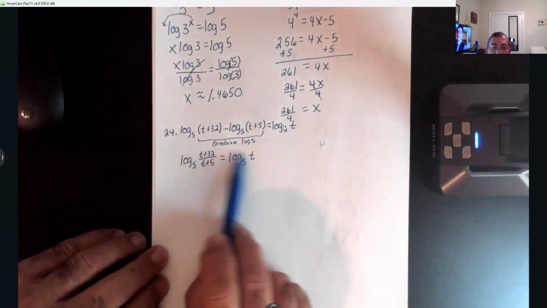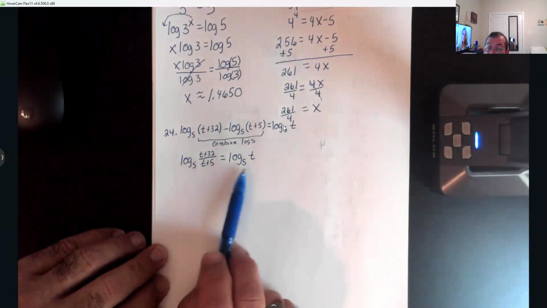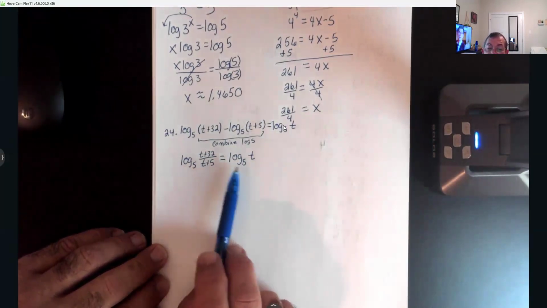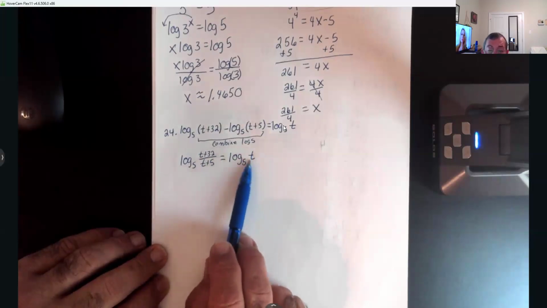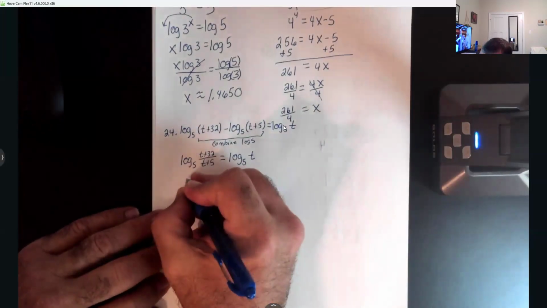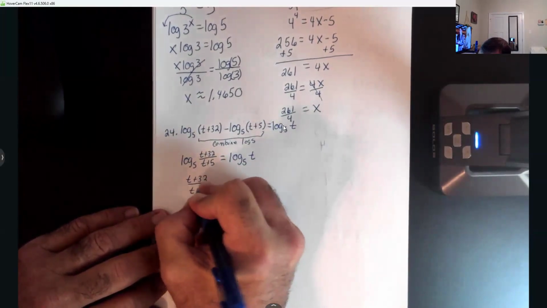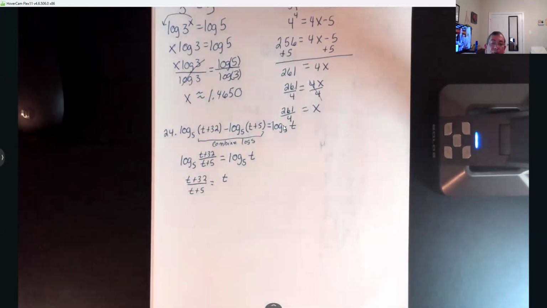So y'all, what do we notice on this one? We got logs on both sides and they both got the same base. So when the bases of the logs match on both sides, this result equals this result. So the t plus 32 over t plus 5 equals the t on the right side.